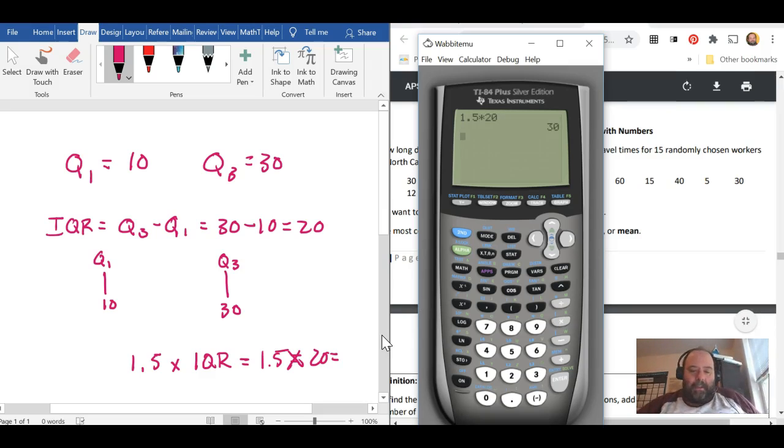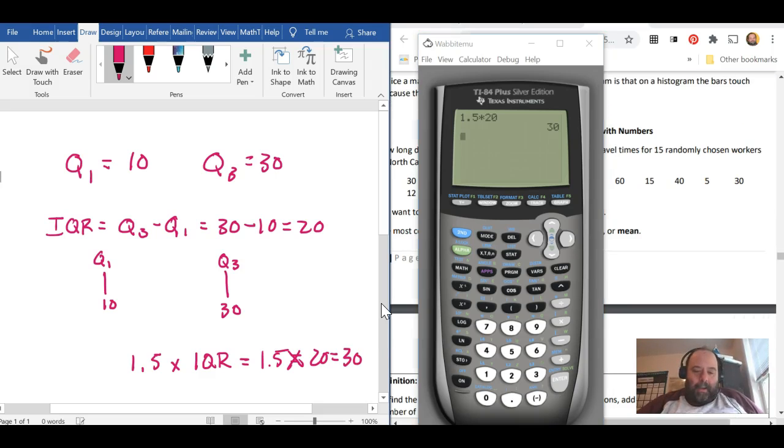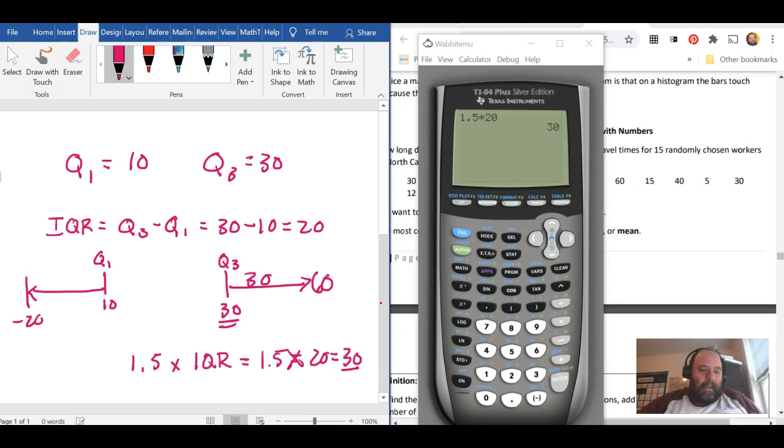Not unexpected. Now that's my key here. If I go 30 above Q3, I get to 60. If I go 30 below 10, that takes me down to negative 20.